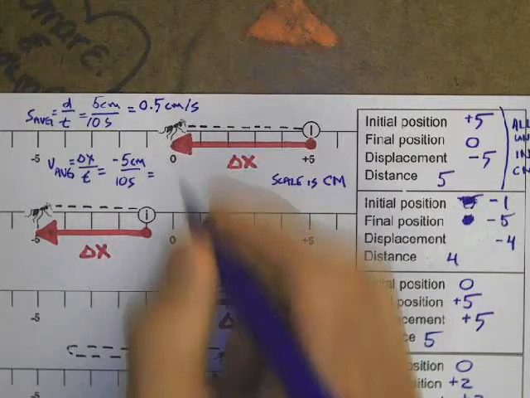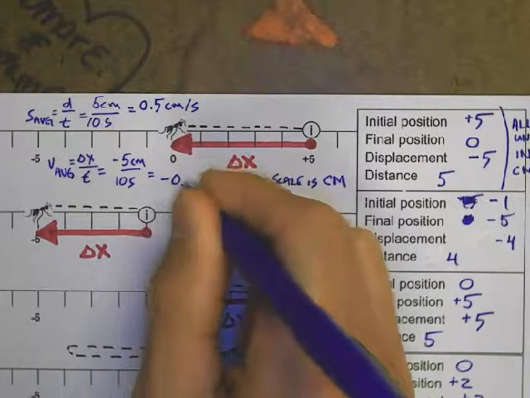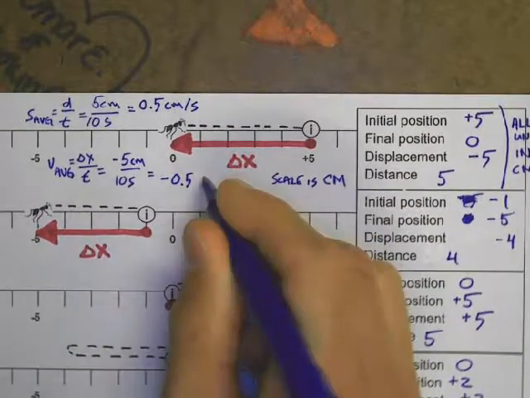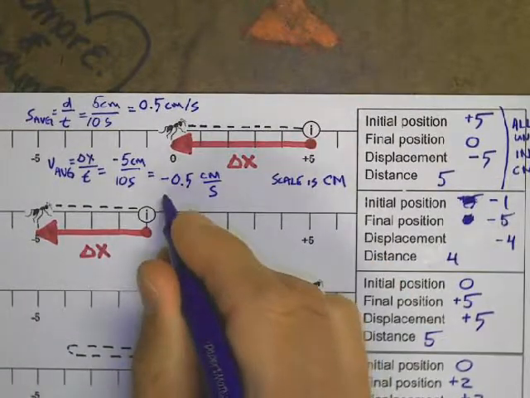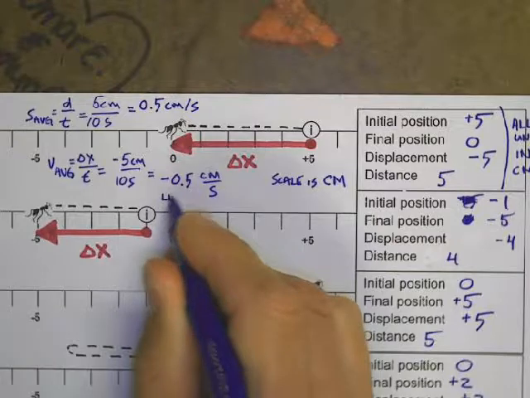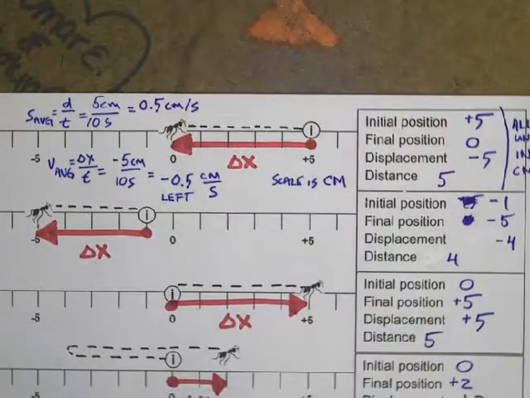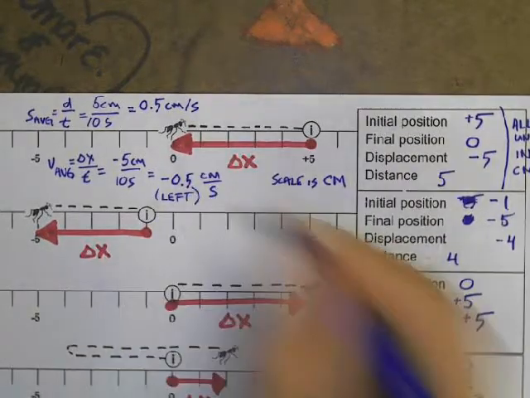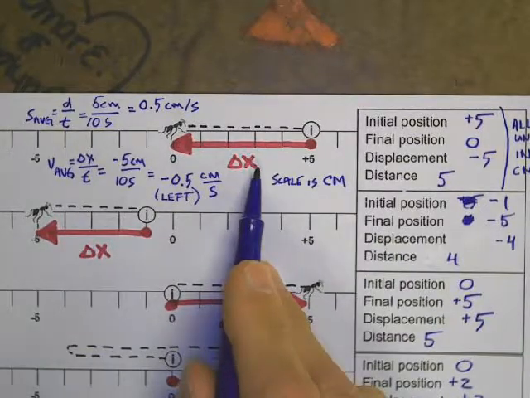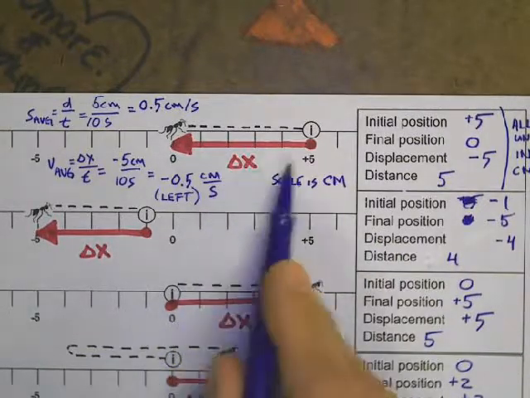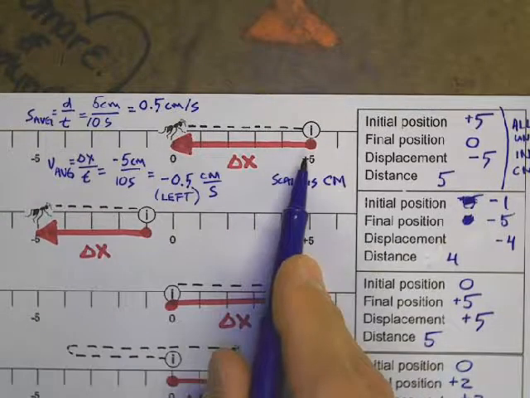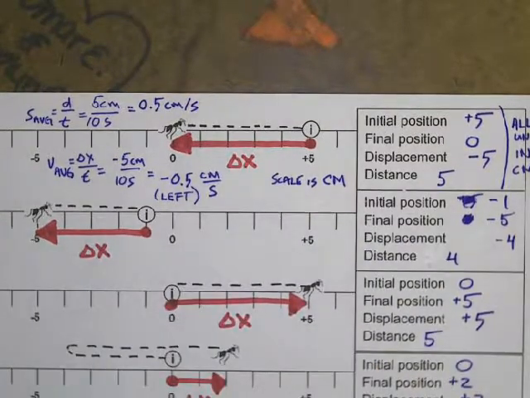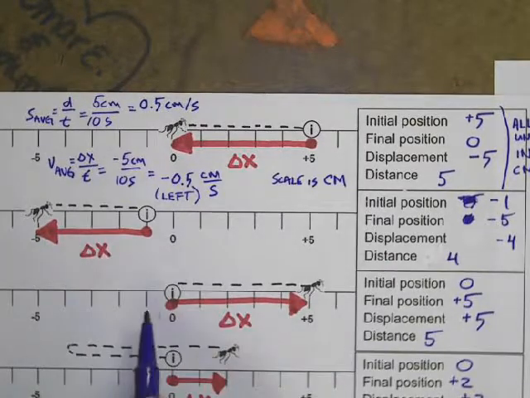And I get an answer which is a lot like the first one, but it's -0.5 centimeters per second. And that negative means that the ant is moving to the left. So it has an average velocity which is moving to the left, and that makes sense from the picture that we see up here. The displacement of the ant is moving to the left, and if he does this in 10 seconds, his motion is to the left.